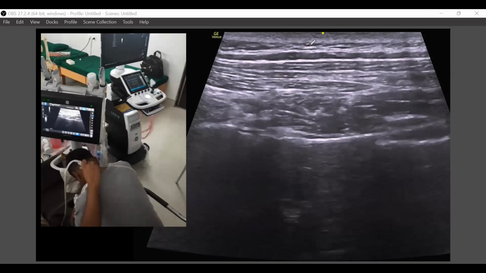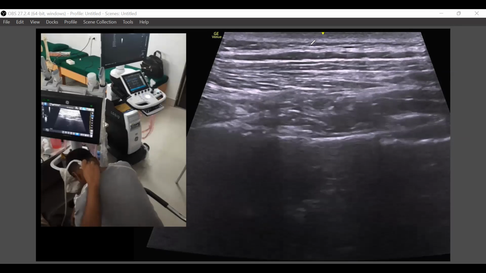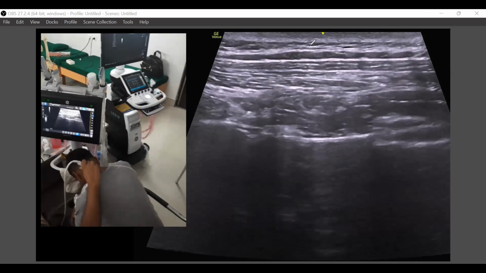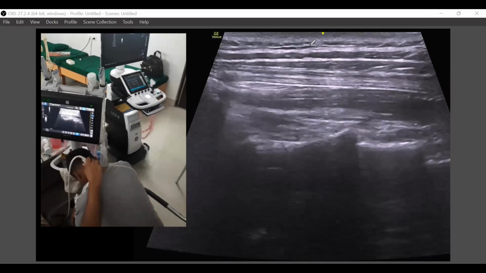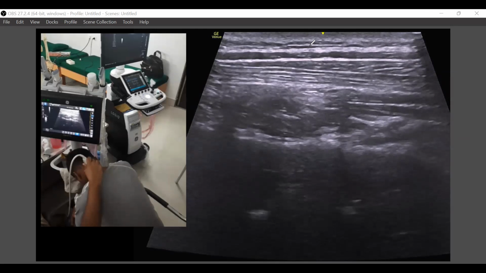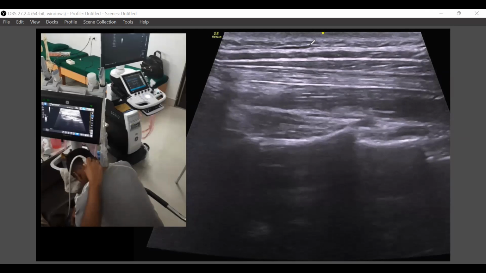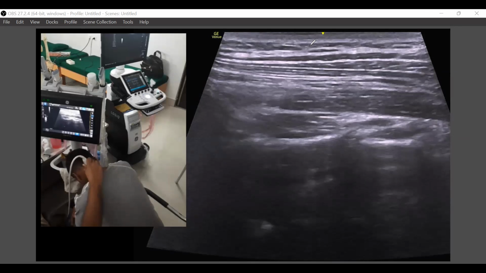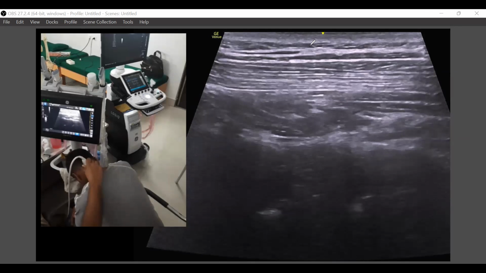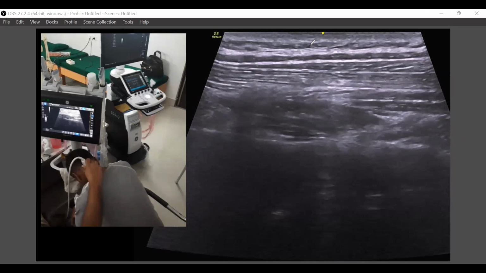So what you can see here is you can see the dura. You see, this was the lamina, and what I'm doing, I'm tilting a little bit. Let me find the best view for you. And you can see the anterior complex, posterior complex.